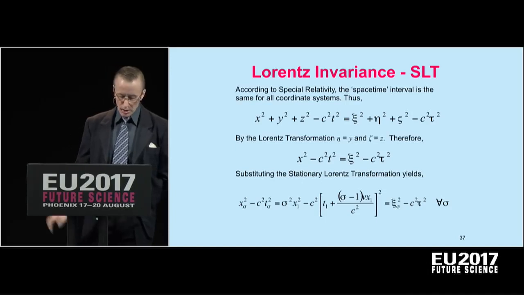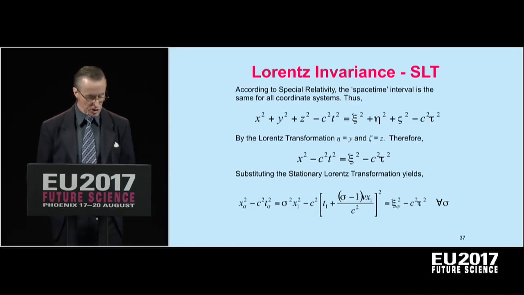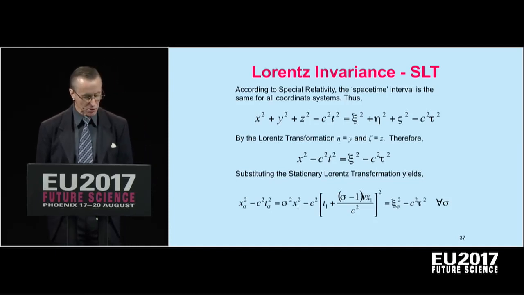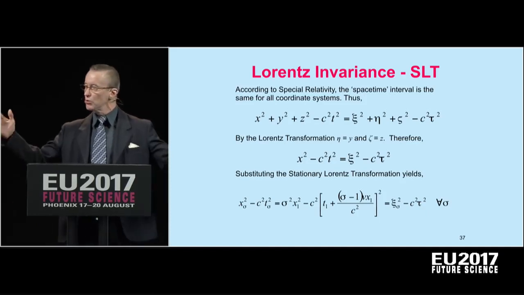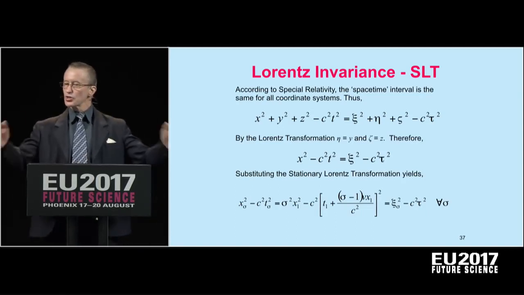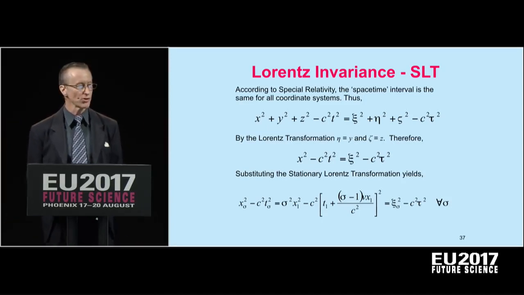Now, Lorentz invariance. According to the cosmologists and Einstein and Minkowski, remember when we did the right triangles in the spheres, and we had x squared plus y squared plus z squared minus c squared t squared equals 0? Well, Einstein requires that no matter how the systems are moving, they all must come out with exactly the same equation, the only change being the symbols.